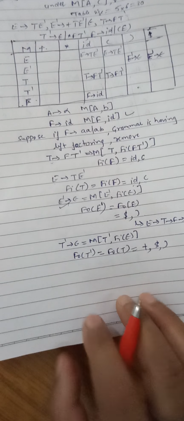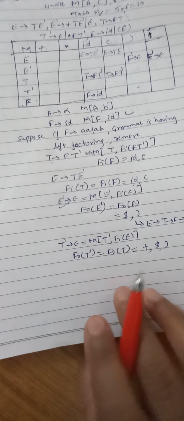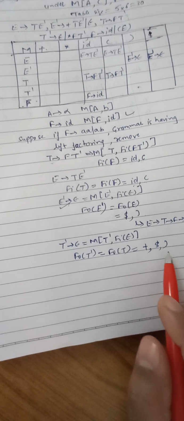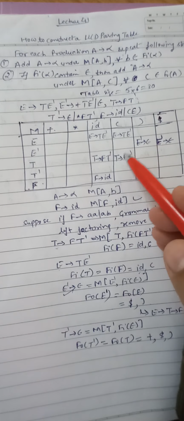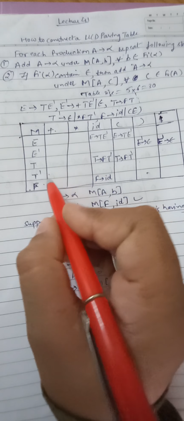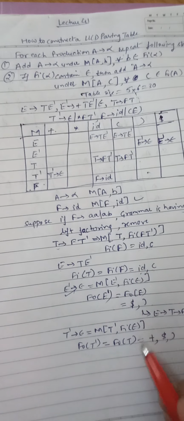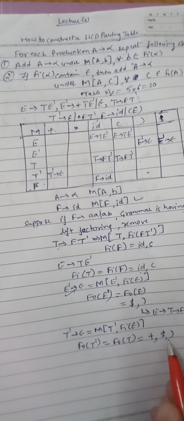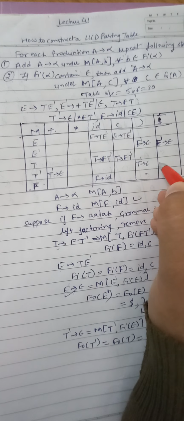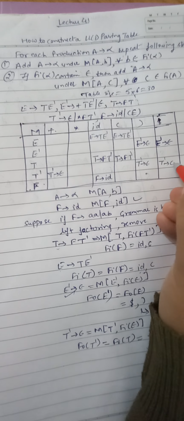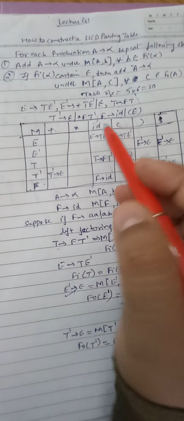So we will write t dash tends to epsilon in plus, dollar and closing bracket. Where is t dash? T dash is here. So like that we have calculated, and the rest are left.